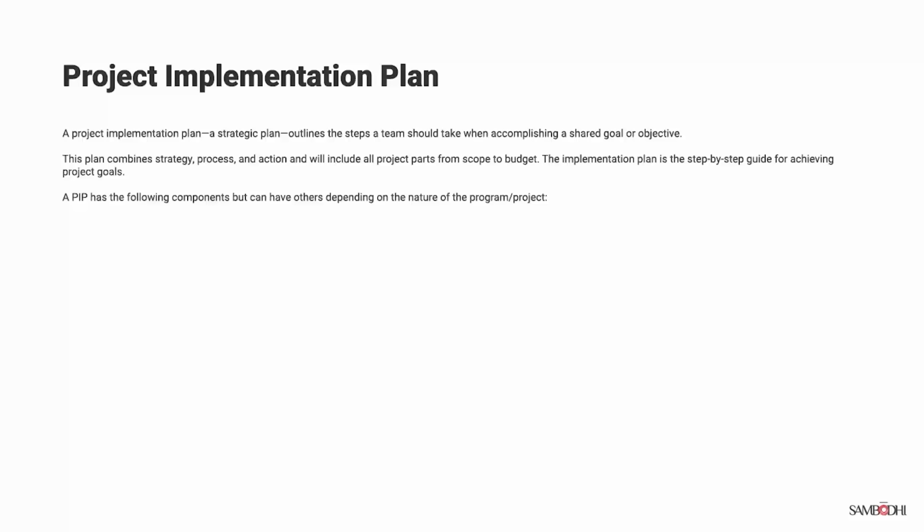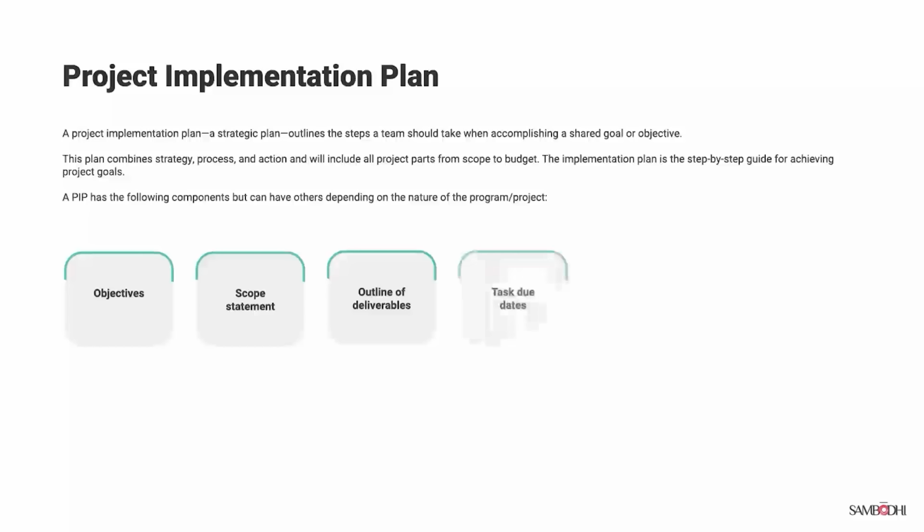The implementation plan is a step-by-step guide for achieving project goals. A PIP will have the following components, which vary depending on the nature of the project: objectives, scope statement, outline of deliverables, task due dates, risk assessment, and team member roles and responsibilities.